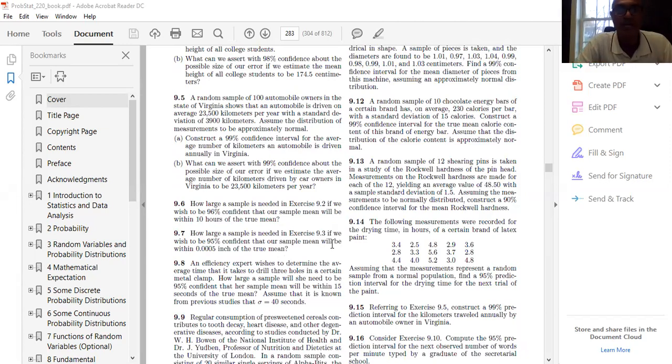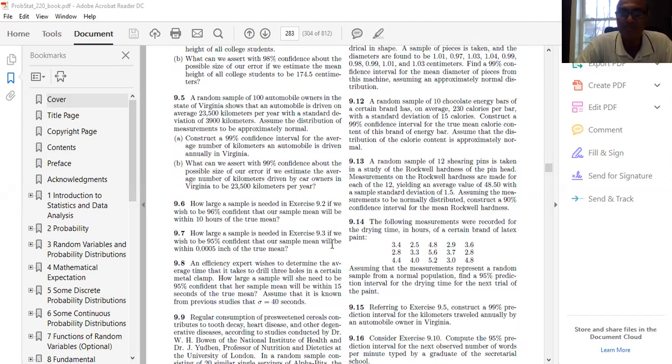9.5 says that a random sample of 100 automobile owners in the state of Virginia shows that an automobile is driven on average 23,500 kilometers per year with a standard deviation of 3,900 kilometers. Assume the distribution of measurements to be approximately normal.